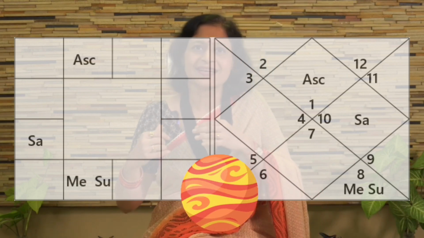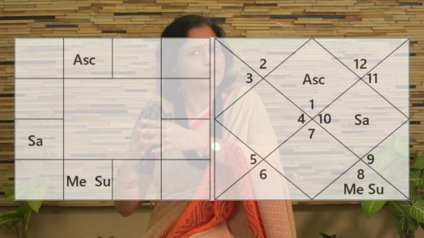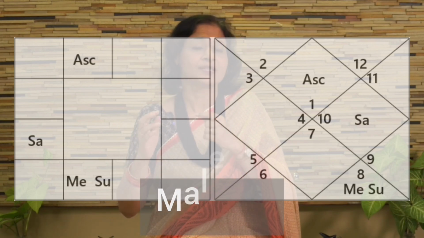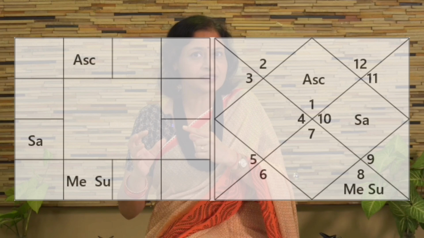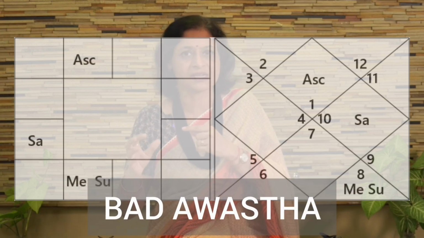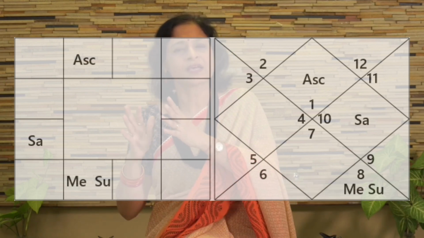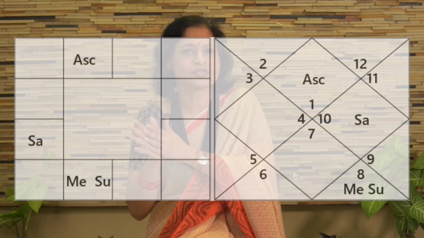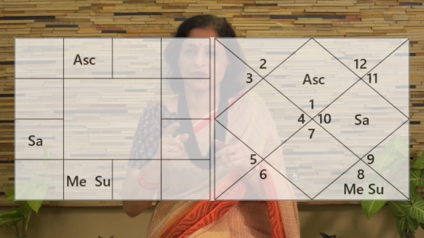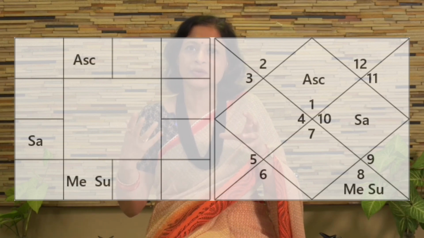Say Venus is debilitated with a malefic here. In such a case, because it is debilitated, it is in a very bad avastha, it's in a deen avastha, and also it's khala because it is in conjunction with a couple of malefics. Then if the dasha is already bad, the antardasha of Venus will also not be good.